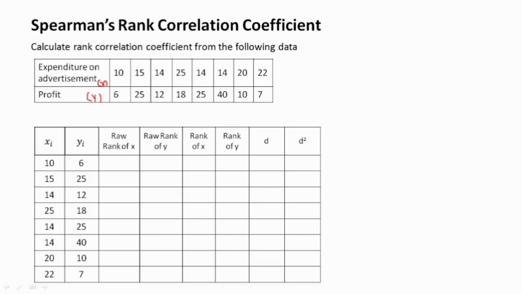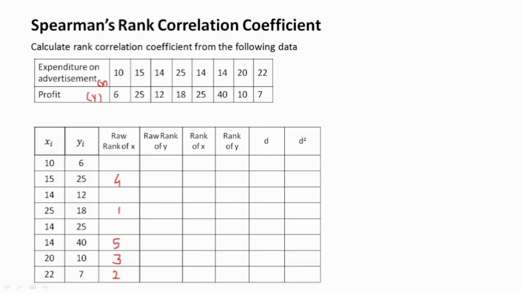Let's rank these data values. The highest value in the first column is 25, so its rank is 1. The next highest value is 22, so its rank is 2. After that there is 20, its rank is 3. After 20, 15, its rank is 4. After 15, 14 is the next value, its rank is 5.